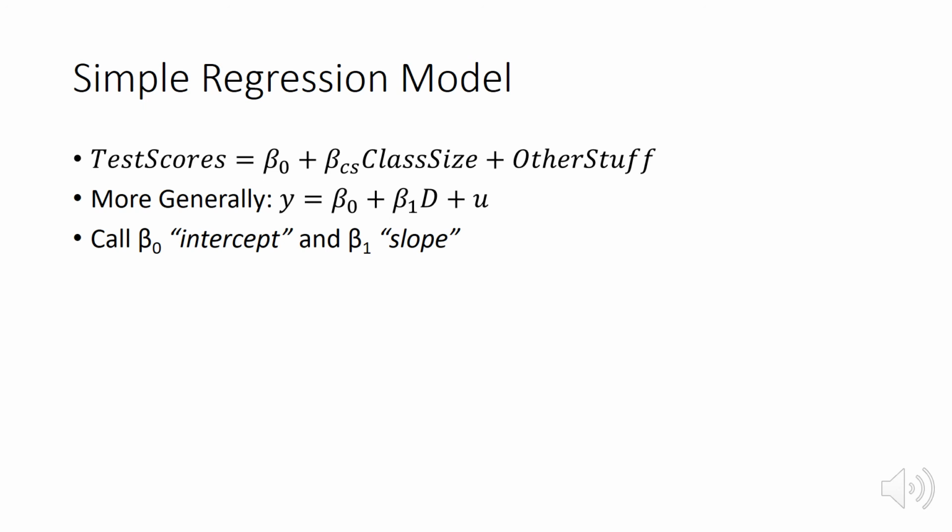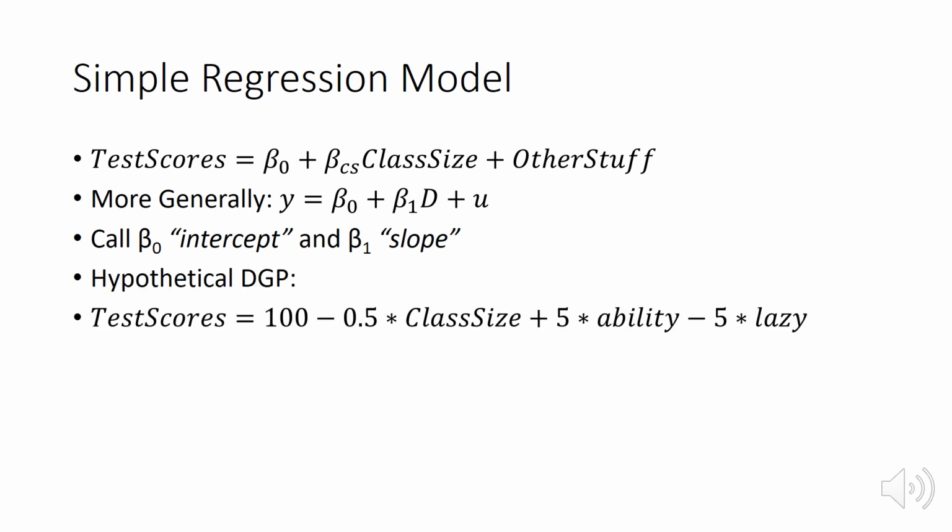So we've written out this model: test scores equal beta naught plus beta class size plus other stuff. If we want to generalize this to other causal problems more generally, we have beta naught, which is an intercept, beta 1, which is the slope. So we've got this hypothetical data generating process.